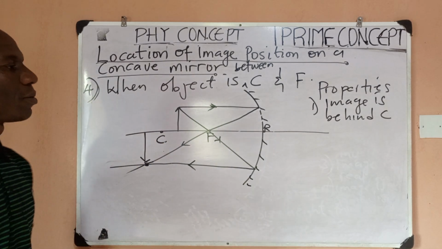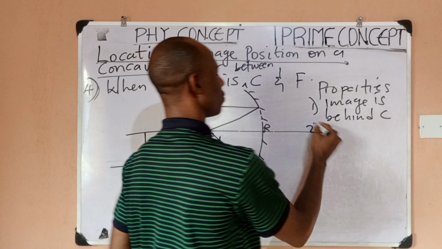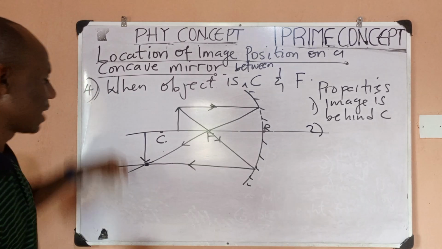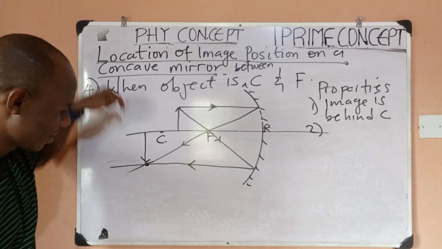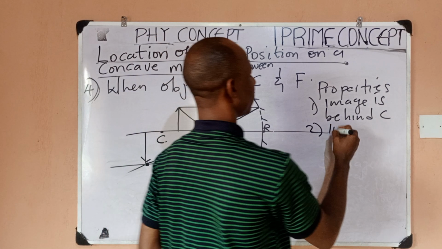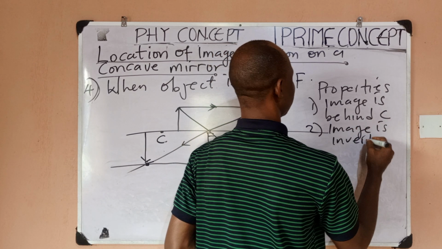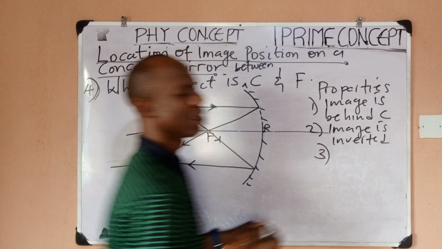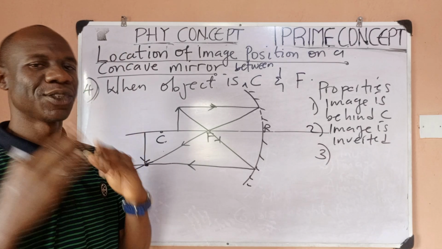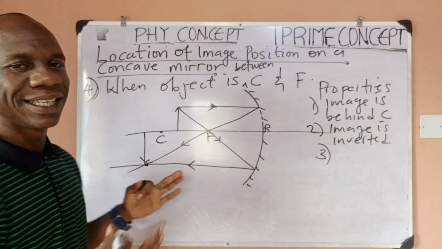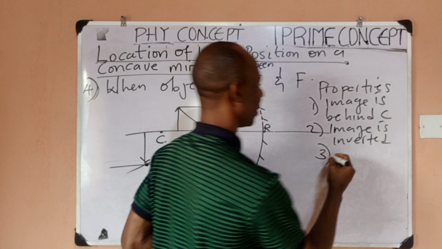So image is formed behind C. And number two, we want to also note is that our image is inverted. Now, if your image is inverted, you don't need a soothsayer to tell you that the image is also going to be real. You are very correct.